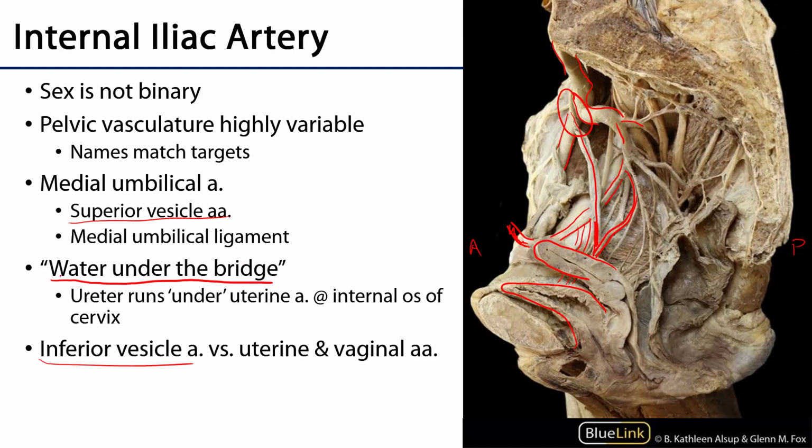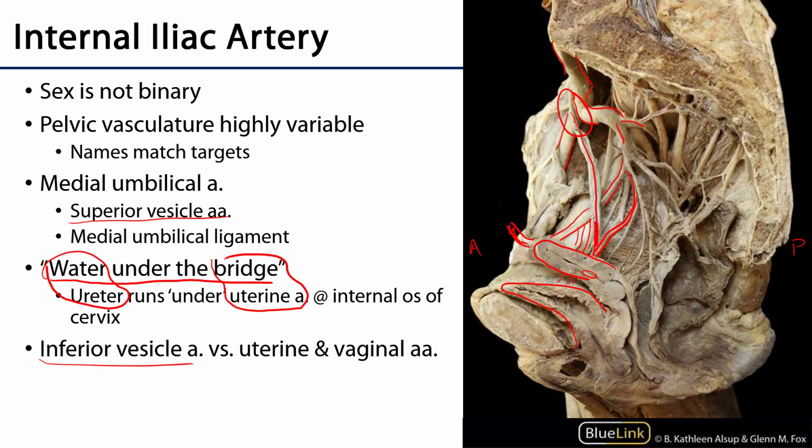In this case, the water is the ureter. So the ureter is running under the bridge, which is the uterine artery, at approximately the internal os of the cervix, which is right about there. So this is a way for OB-GYNs to remember the relative relationship between the ureter and the uterine artery while they're working in the pelvis.